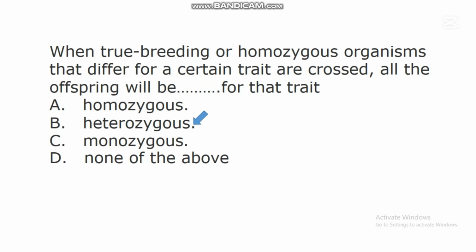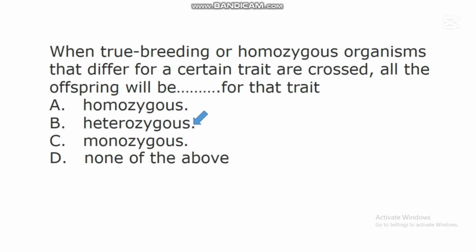Heterozygous for that trait. So studies have shown that when true breeding or homozygous organisms that differ for a certain trait are crossed, all the offspring that will be produced will be heterozygous for that trait. Gregor Mendel is one of the scientists that did research in genetics and observed many things concerning how traits move from generation to generation.